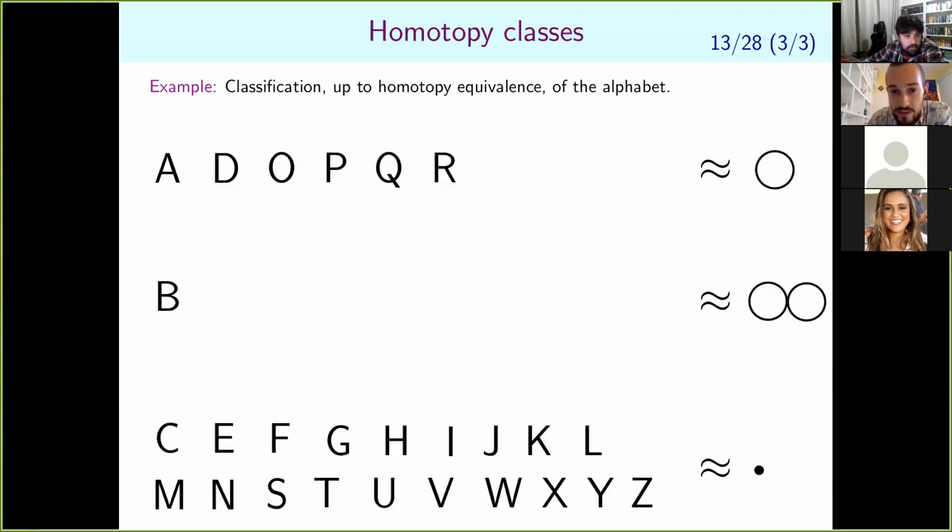And this class is the class of the letter B. The letter B is homotopy equivalent to the bouquet of two circles, to the union of two circles, right? And the two other classes are the letters homotopy equivalent to circles and the letters homotopy equivalent to a point. I hope this is clear for everyone. Don't hesitate to interrupt.